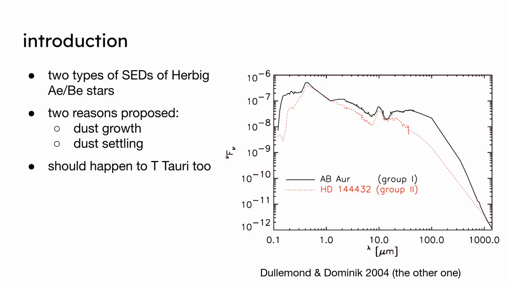So group 1 has in mid to far infrared, so beyond 20 micron, flux as strong as the 10 micron feature, that is more or less constant for a few tens of microns.